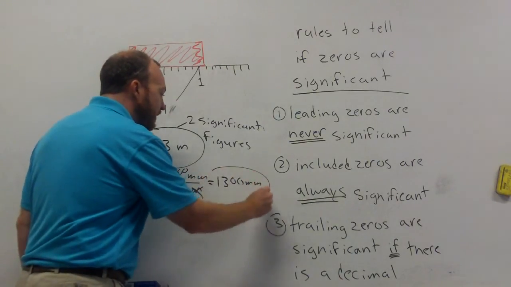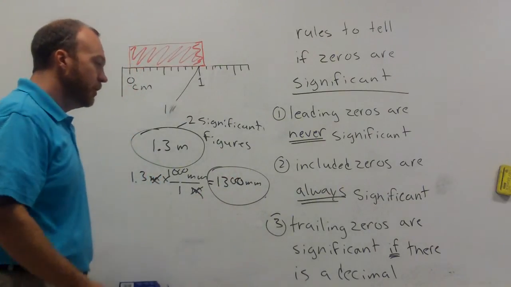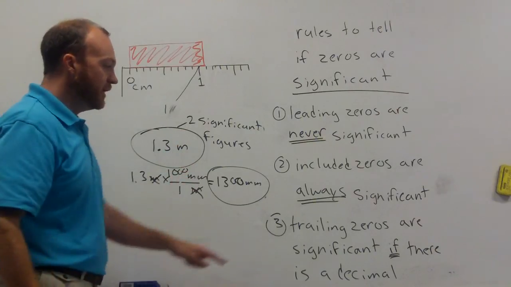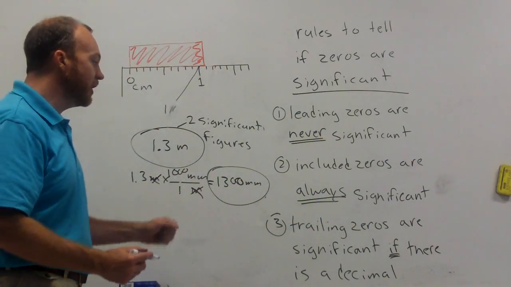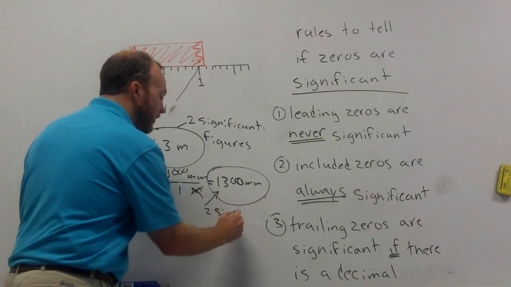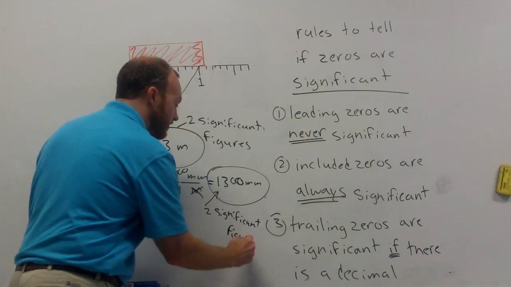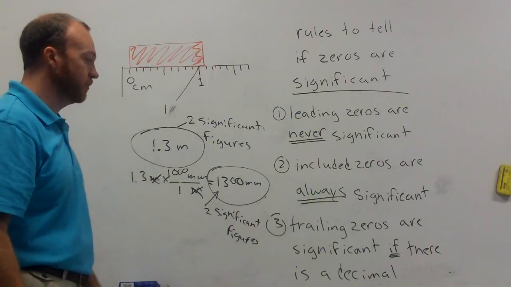Notice, I did not bother to write down a decimal in this measurement. There's not a decimal here. So if there's not a decimal, these are not significant. If there is a decimal, they are significant. So this has 2 significant figures, exactly the same as this one, which has 2 significant figures.